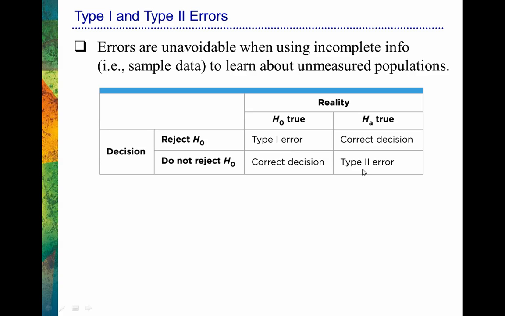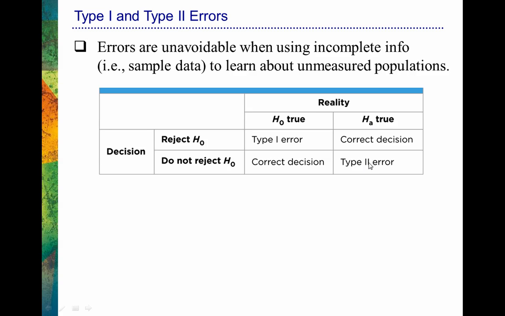A type 2 error is essentially the opposite. Let's just say we didn't have enough evidence to reject the null hypothesis. So we did not reject the null hypothesis, and we concluded that body temperature was equal to 98.6. But let's assume that the alternative hypothesis was actually true, and that the true population mean body temperature is something other than 98.6.